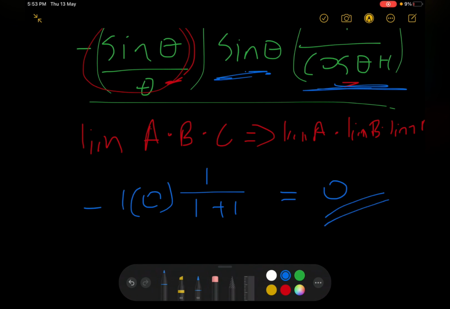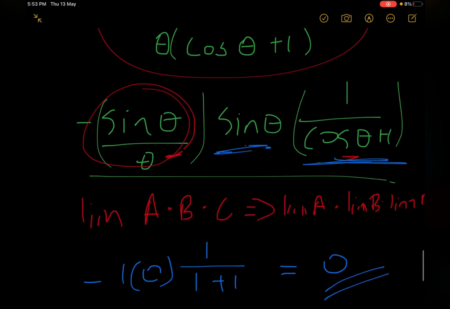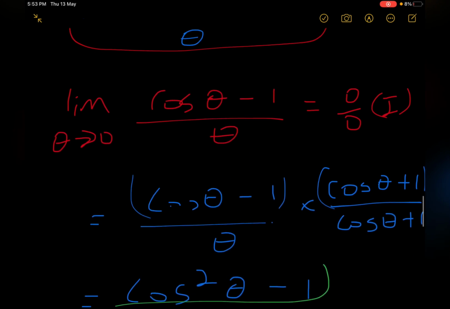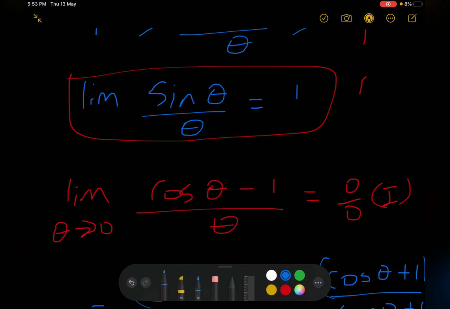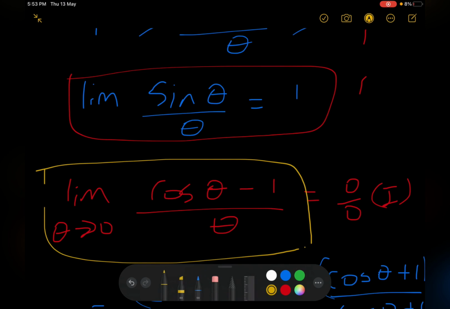So all of that proves that this function here, let me go back up, this function in red is not indeed indeterminate, but is equal to 0 as theta approaches 0.